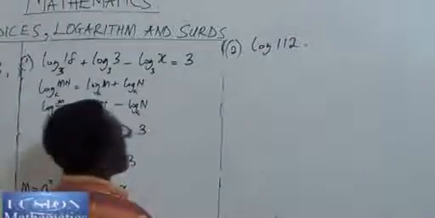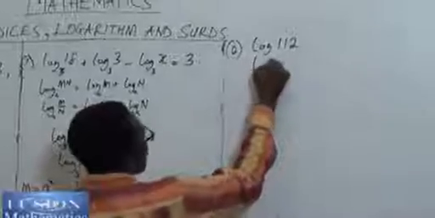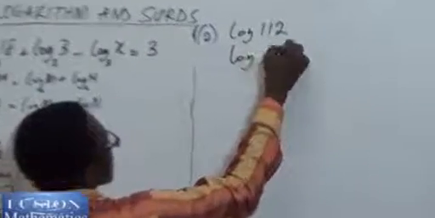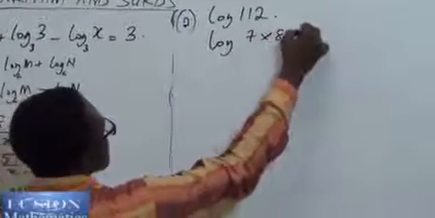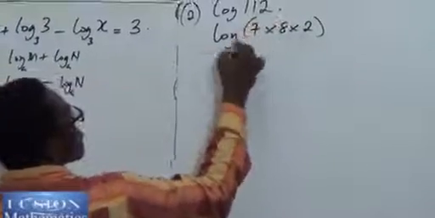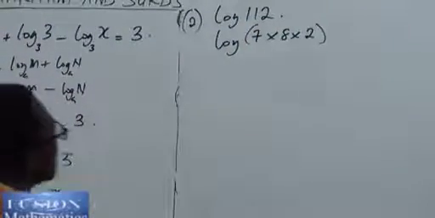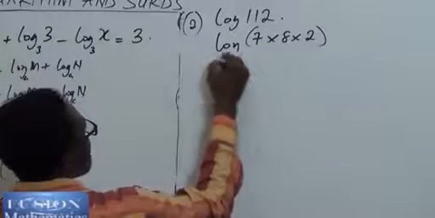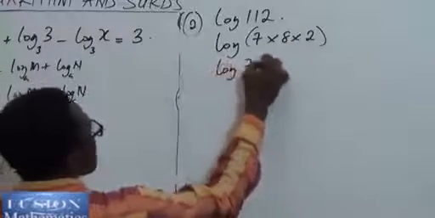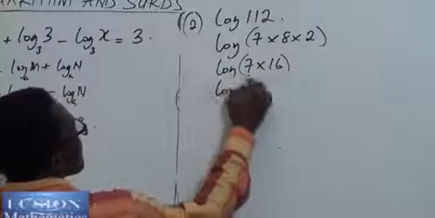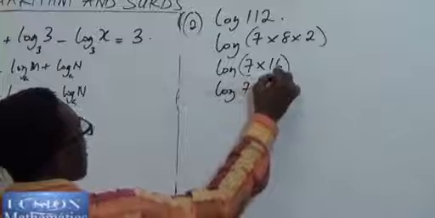Log 112 is the same thing as log 7 times 8 times 2. Right? So if we multiply this, we have log 7 times 16. So it now gives us log 7 times 2 raised to power 4.